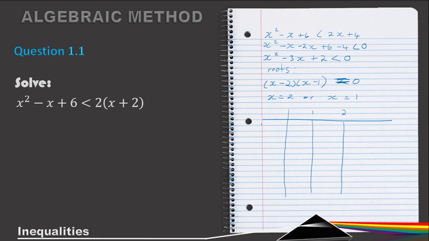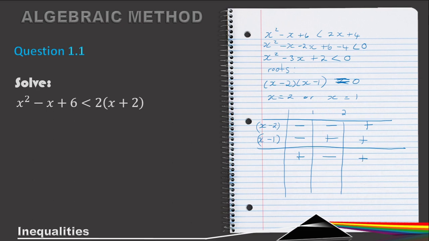And then our factors over here, x minus 2 and x minus 1. Right. So x minus 2, it's going to be negative, negative, positive, because on 2 it's going to be 0. And then negative, on 1 it's 0, and then positive and positive. A minus and a minus is a plus. A minus and a plus is a minus. A plus and a plus is a plus.